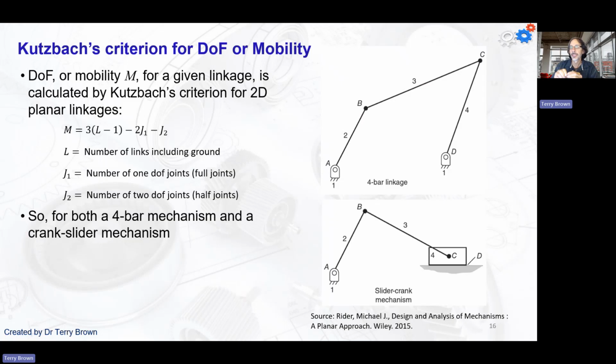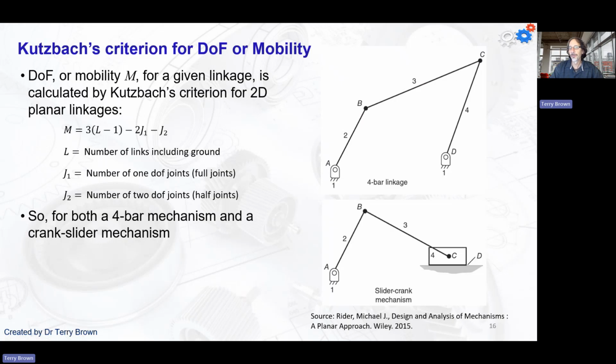Right, and Kutzbach's criterion says that if we count up the number of links, including the ground link, and we count the number of 1 degree of freedom joints or full joints in the linkage, and we count the number of 2 degree of freedom joints or half joints in the linkage, and put it into this equation, then that will tell us the mobility or the total number of degrees of freedom for the mechanism.